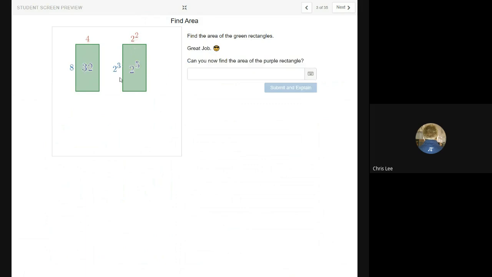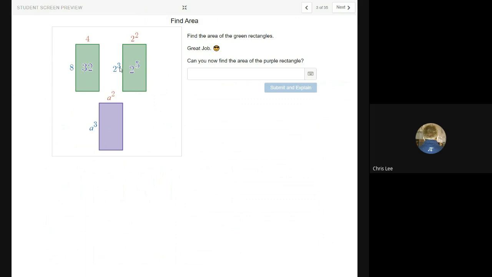Now, next to it, it has the same idea, but it's written differently. What is 2 to the power of 3? Think of the exponent, 2 to the power of 3. So we go 2 times 2 times 2. 8.